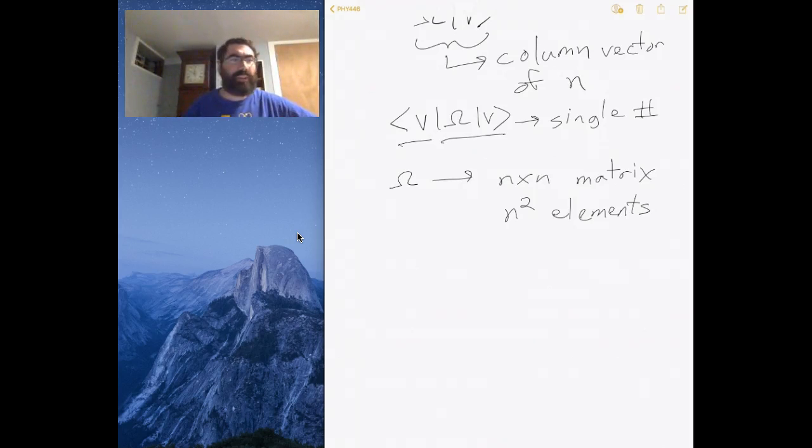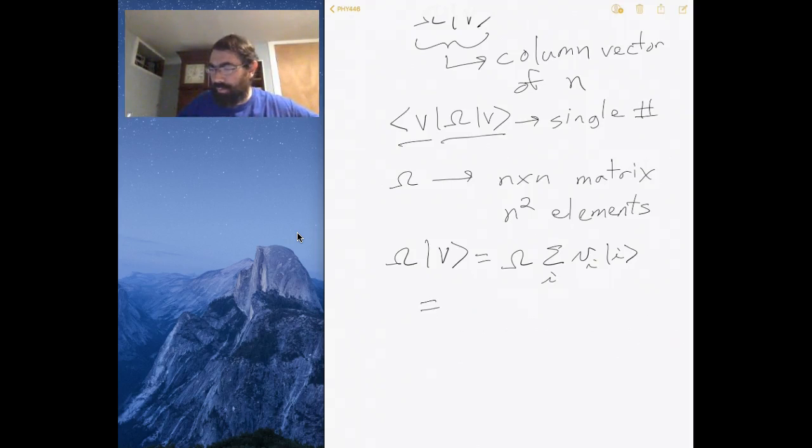Now, if I think about this, I can apply this to a set of basis vectors. And so I take my operation of omega times that column vector v. I can write v as the sum of a basis I, so I have my basis vectors represented by the I kets, and then I have the little v coefficients in front of it.